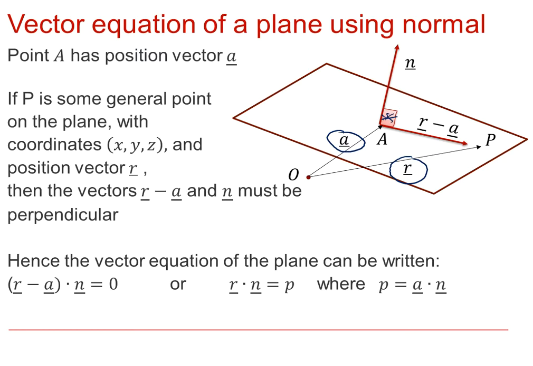Hence the vector equation of a plane can be written using that scalar product, where (r minus a) dot n equals 0 because those are perpendicular, or r dot n equals p, where p equals a dot n, remembering that p will be a constant.